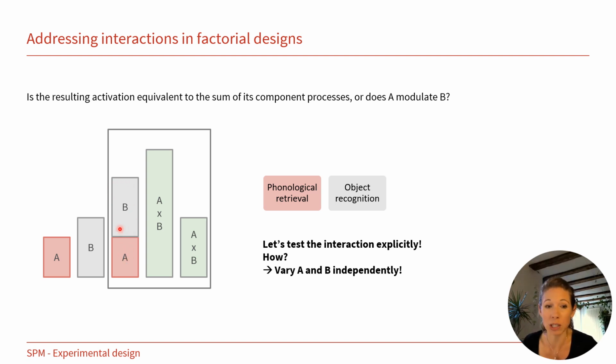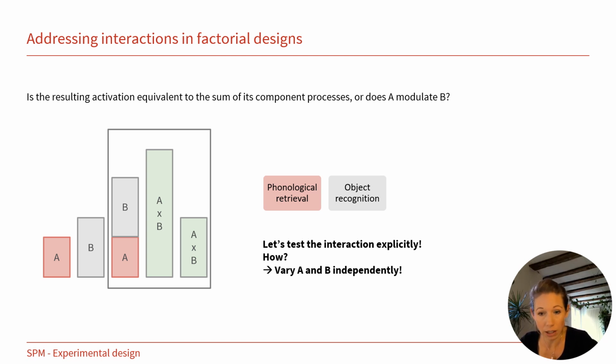There might not just be an additive effect, but we might have such an effect that the combination of both somehow leads to a nonlinear change in activation. In order to test this, we need to explicitly address interaction effects.